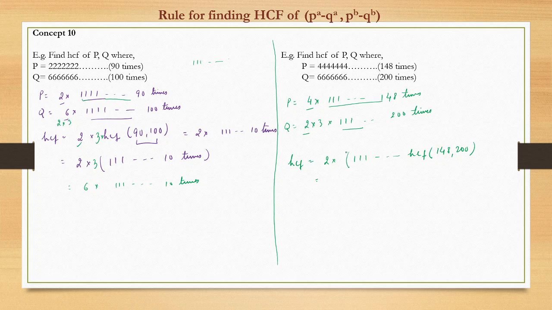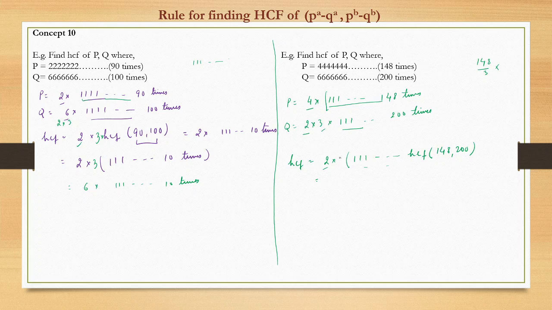Now we will have to check for 3. We have checked for 2, we have checked for 1s. Now we have to check for 3. Here we have 3, but do we have 3 in P? 1 is written 148 times. 148 is not divisible by 3, right? So this number, 1 written 148 times, does not have 3 as a factor.